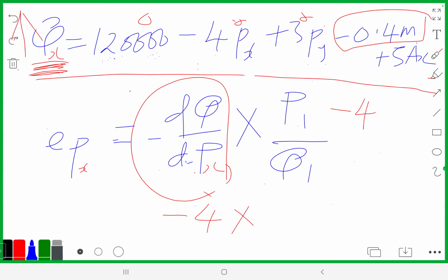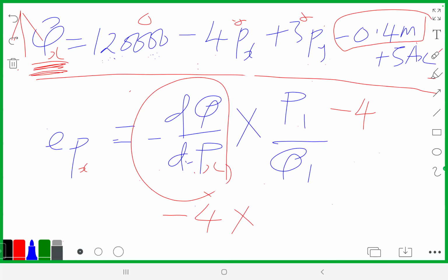Now, when you bring in dQ/dP, that's calculus. You've employed calculus. From business statistics and business mathematics, we know that dQ over dP is the same as the slope of the equation, the gradient of the equation.